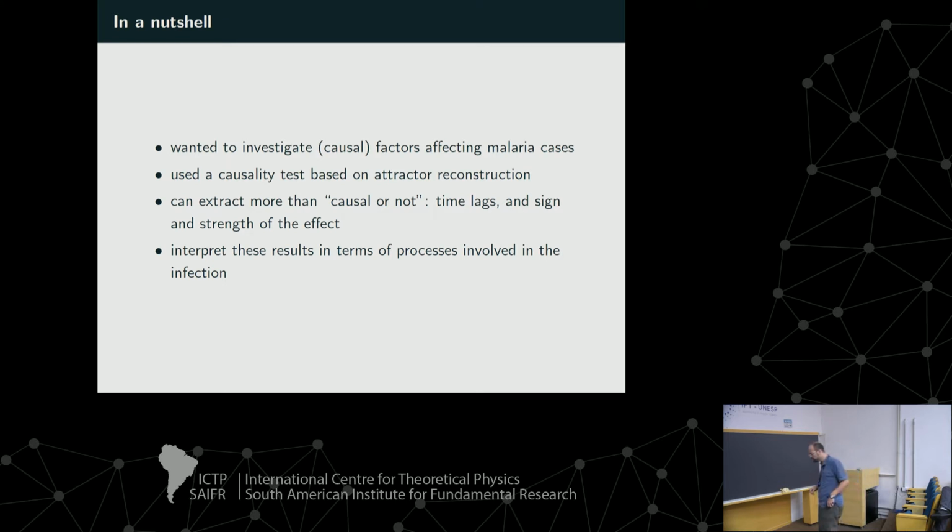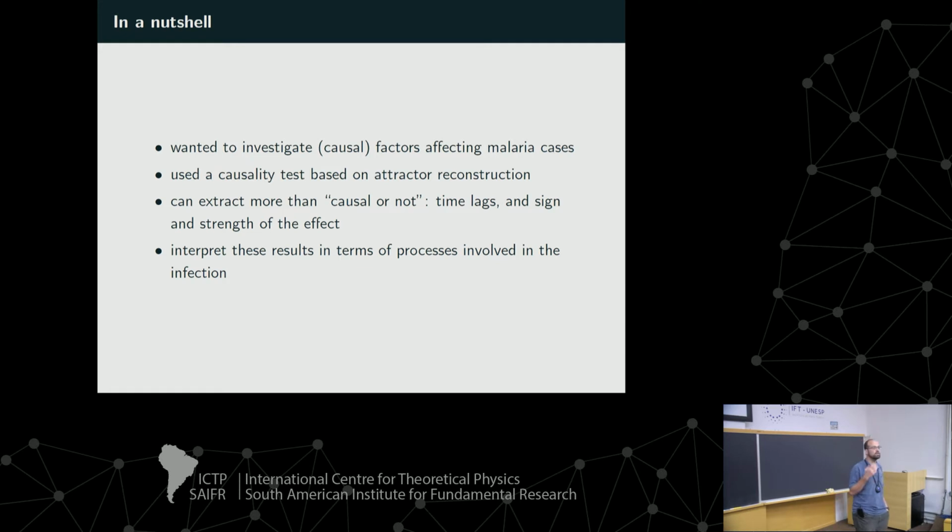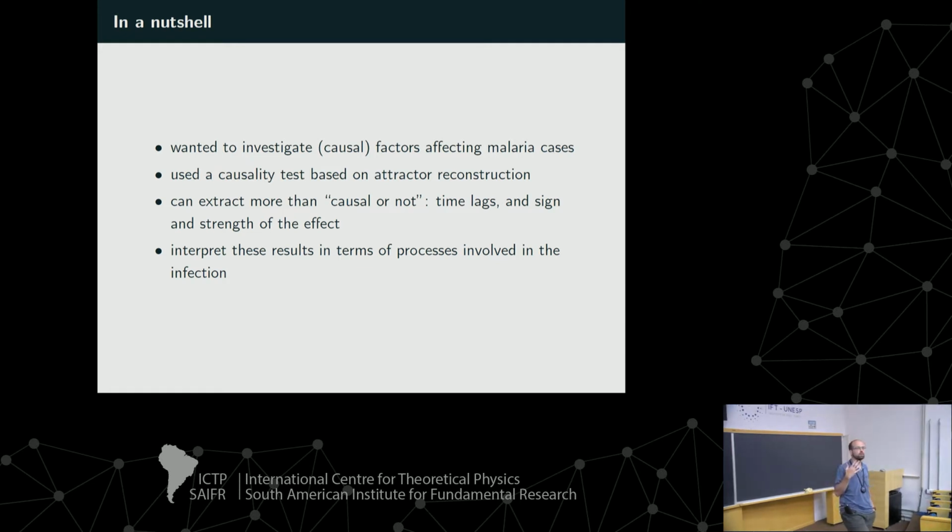And the interesting thing is that we can not only say whether a factor is causal or not. We can also look at it in more detail and detect what the interaction strength is, the strength of the impact, and the time lag, and this gives us more biological insight than just answering causal or not, right?